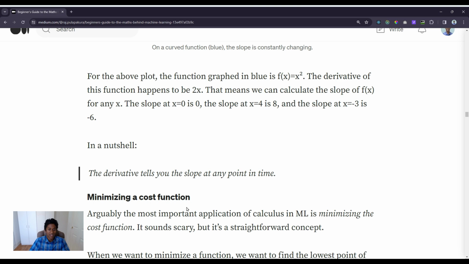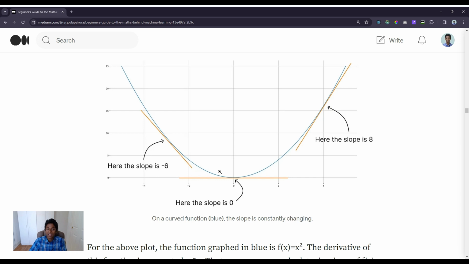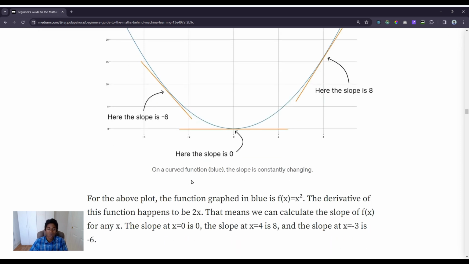In a nutshell, the derivative tells you the slope at any point in time. For any value of x, we can calculate the slope at that point. If we have a value of x equals minus 2, we can calculate the slope. And it depends on the function as well. For a different function, we'll have a different derivative function.